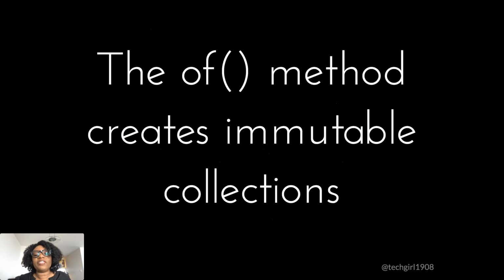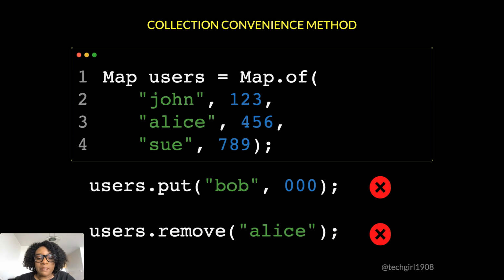Okay. So one thing to note about using the of method is that it creates collections which are immutable. What this means is that the collection cannot be changed by adding, removing, or sorting it later. So only use this when your collection won't require any changes later in the program.